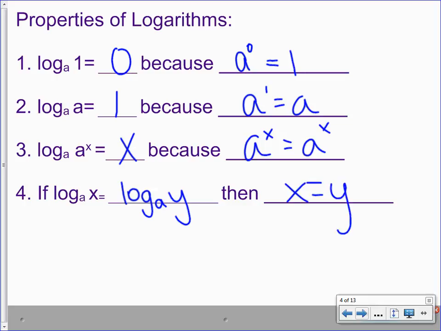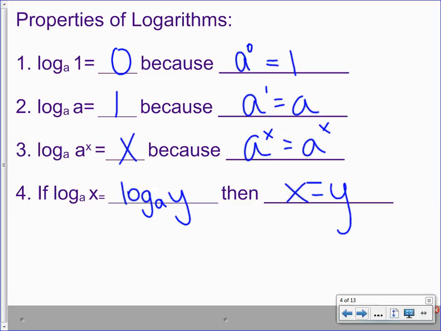That's kind of like the exponent property we were talking about yesterday, right? Those are the 4 properties.